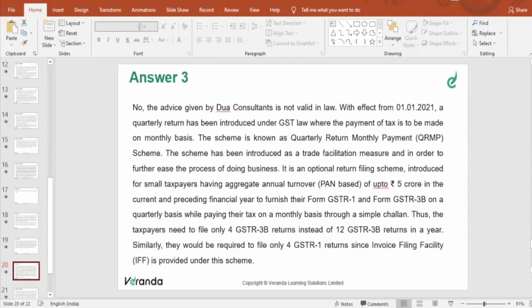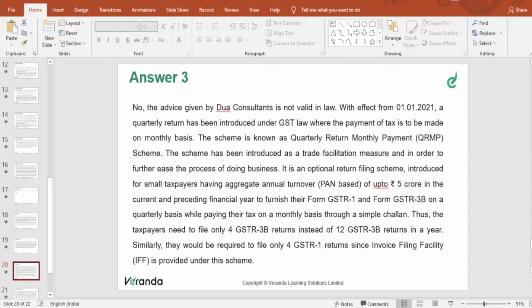Perfect, Karthikeyan. I'll tell you what Ravi actually meant and what Karthikeyan is bringing out. The QRMP scheme is available to you only if your annual turnover for the previous year was up to 5 crore rupees.